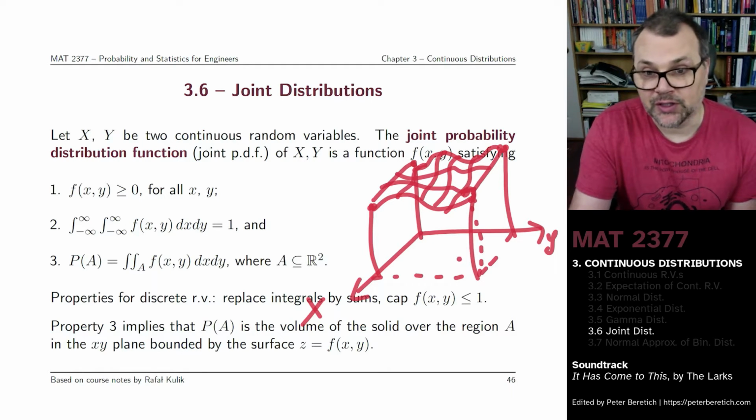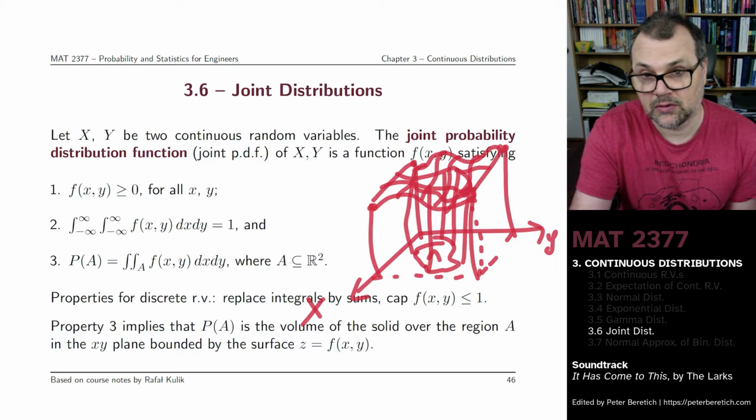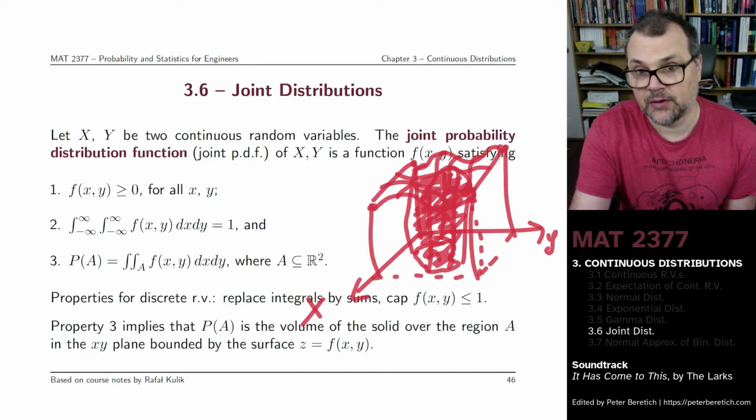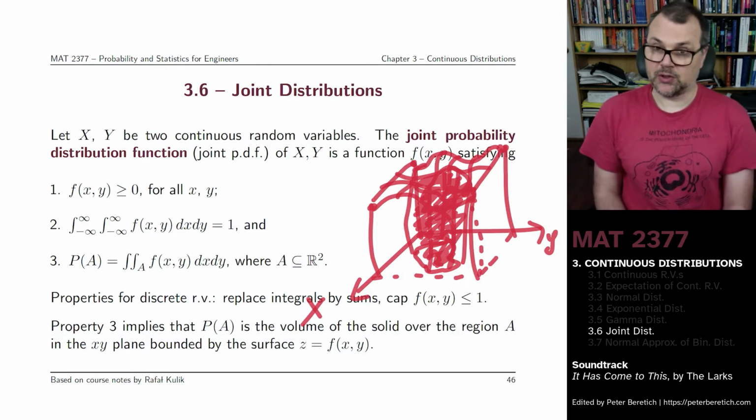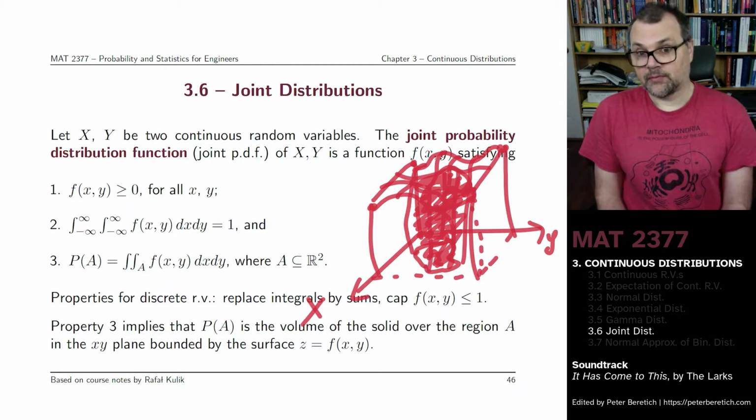And if you're interested, say, in a specific region A here, then you'd be looking at the volume of the corresponding prism over that region. That would be the probability. So it's not an area anymore. This probability of the event A, it's a volume.